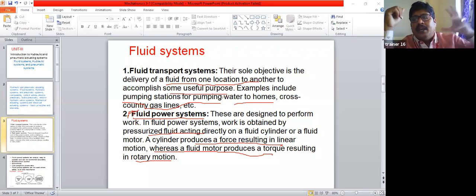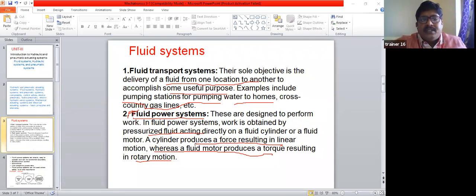That backside single acting cylinder, with the help of the piston, pushes. That means the cylinder produces force. You see clearly here, the single acting cylinder produces force.